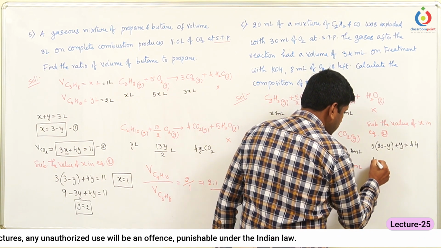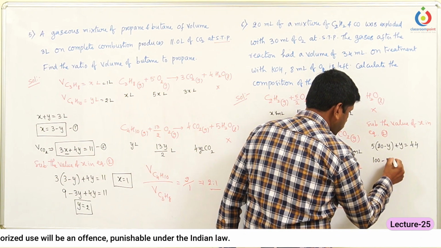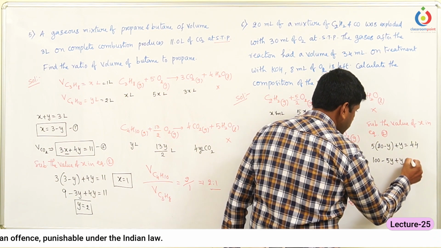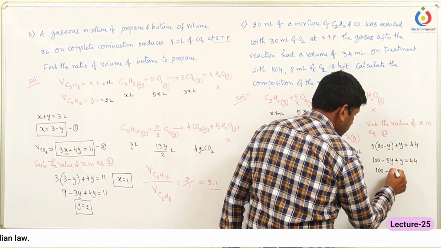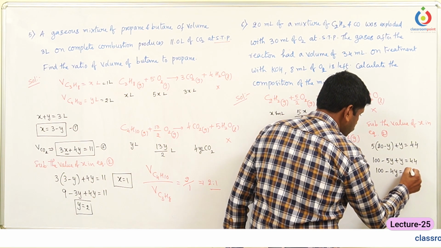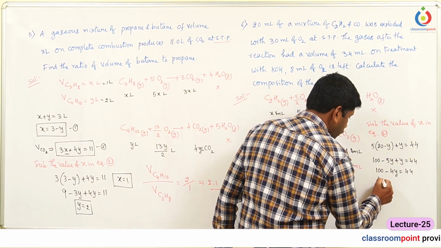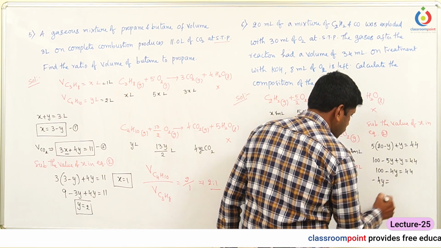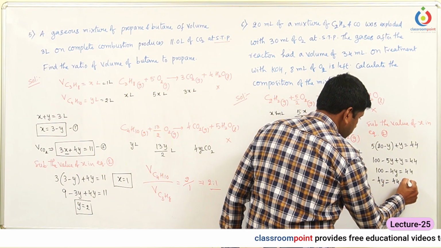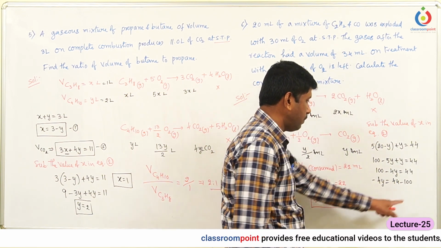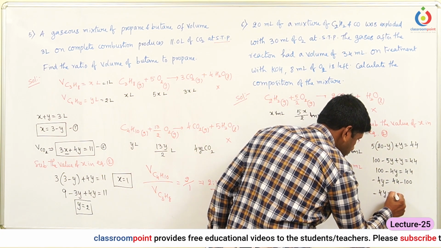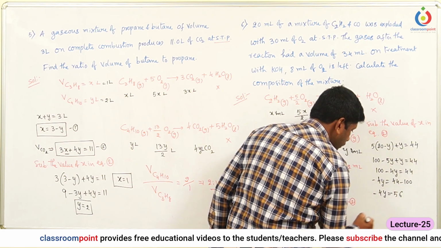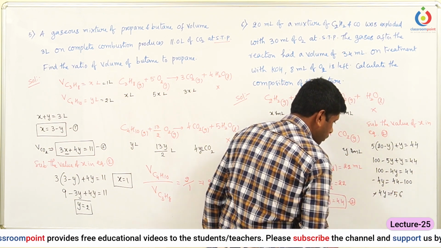This equals 100 minus 5y plus y equals 44. 100 minus 4y is equal to 44. So minus 4y is equal to 44 minus 100. This is equal to minus 56. So minus 4y is equal to minus 56. So minus minus cancel out.